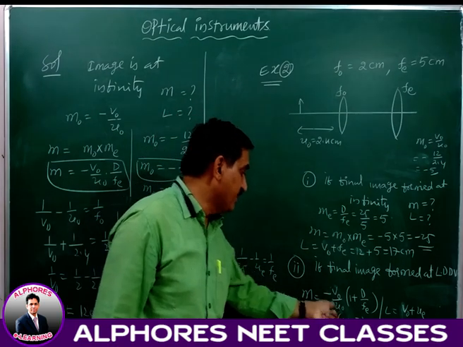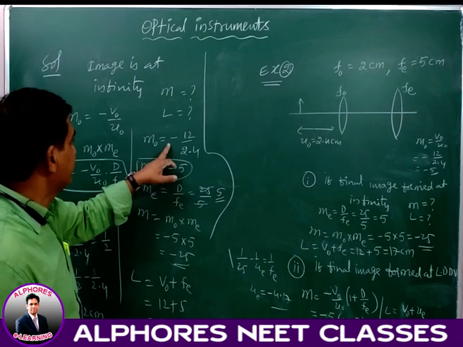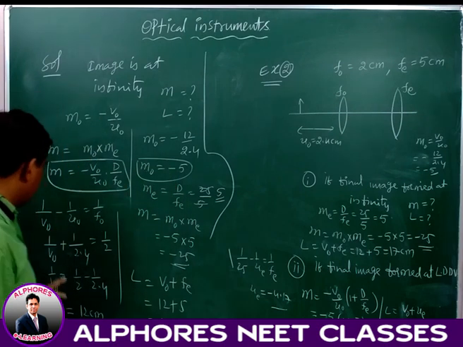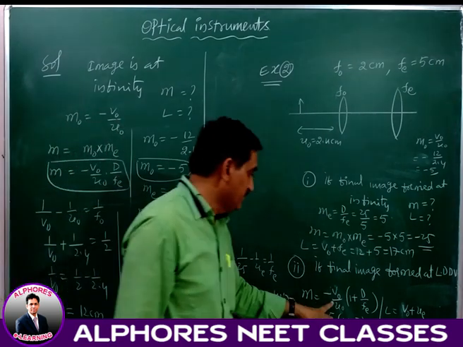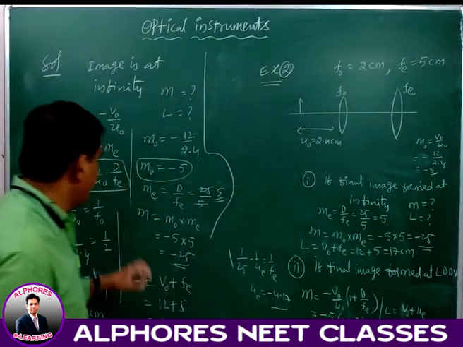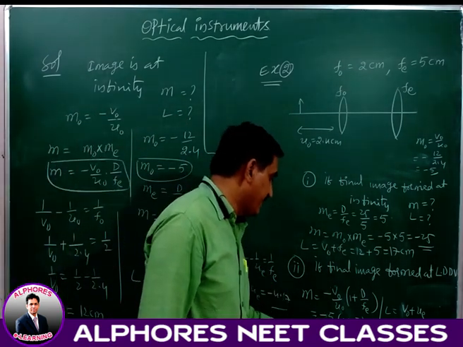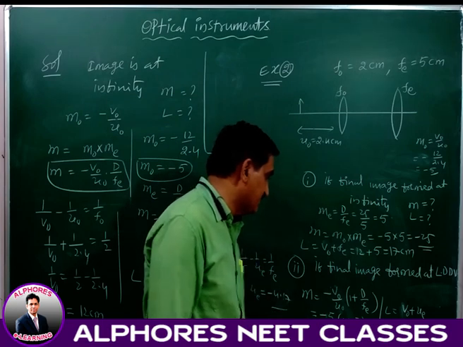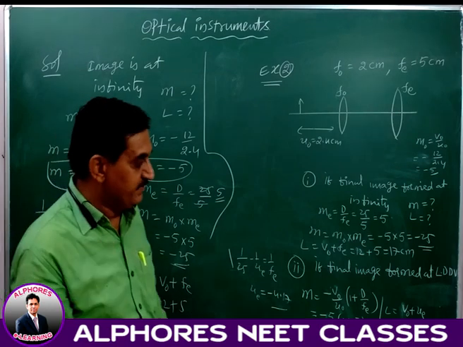Minus v naught by u naught is m naught, already calculated, that is minus 5. Here minus 5 into 1 plus d by fe. D by fe is already calculated, that is 5. Put here 5, then minus 5 into 6, minus 30 is the magnifying power when the image is formed at LDDV.